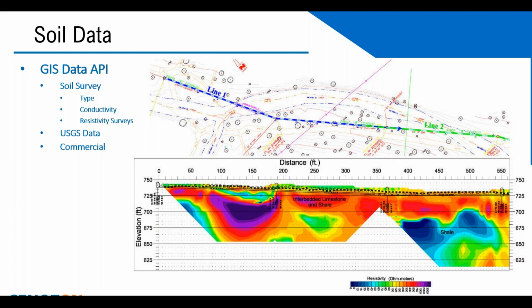And we've also worked with other commercial soil survey data sets, typically through direct assessment and for a particular project. But all of this, again, we integrate in our system, and it gets tied back to the pipeline and those sub-segments that we're interested in.